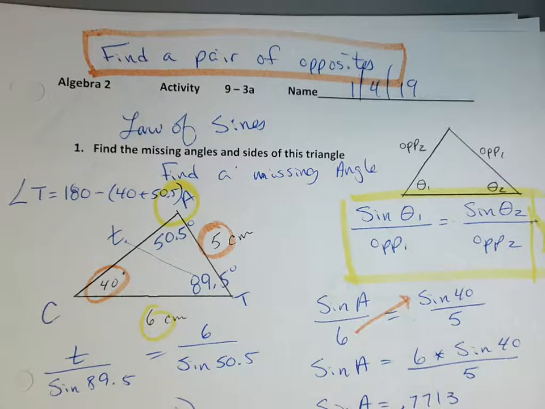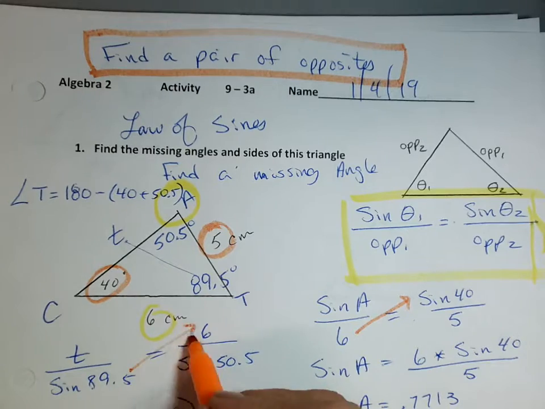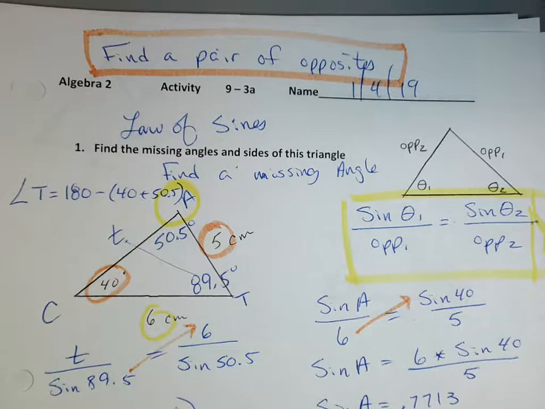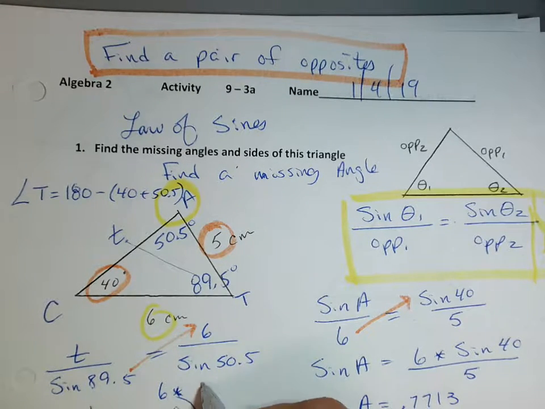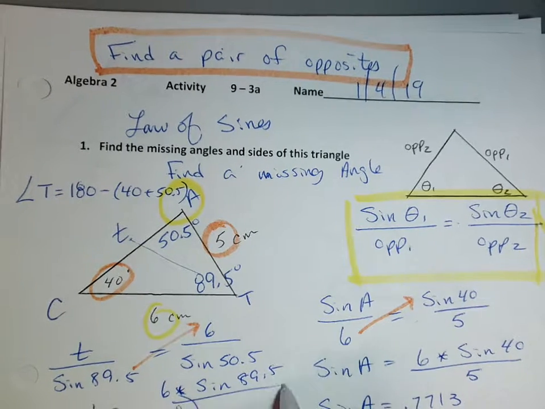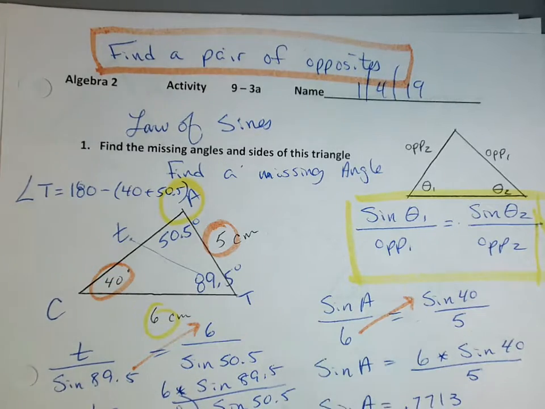So it all has to do with opposites. If I want to solve for t, I'm going to multiply this up here. So t is equal to 6 times the sine of 89.5 divided by sine of 50.5. Just use my calculator.